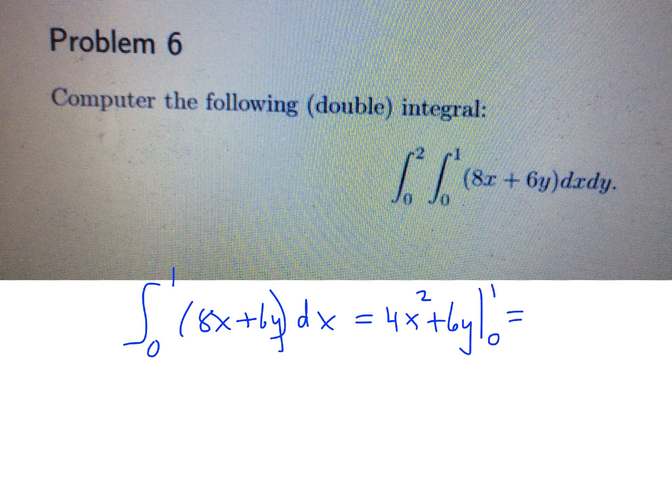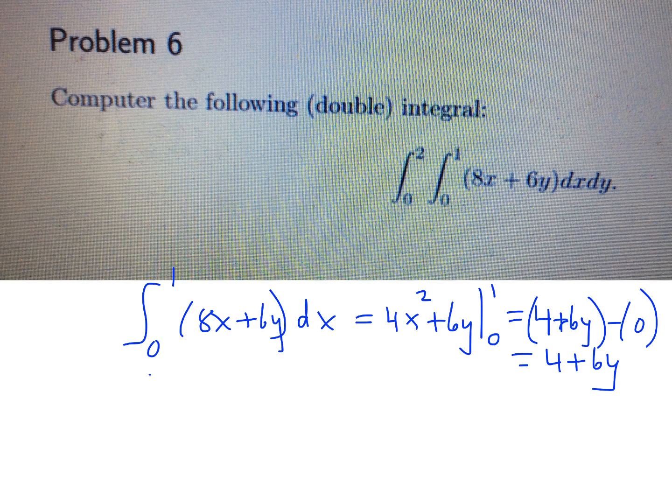When we substitute 1 in there, we're going to end up with 4 plus 6y, because we're just substituting in for x, and then we're subtracting 0. So we end up with just 4 plus 6y.